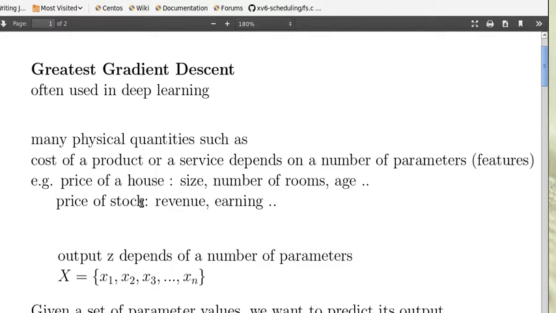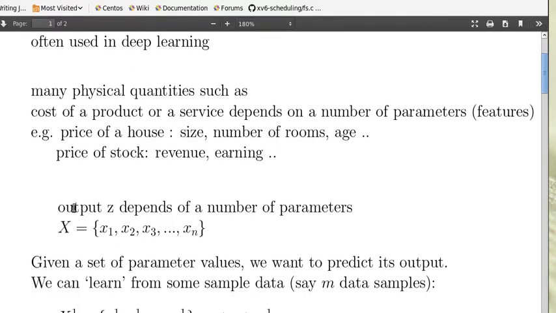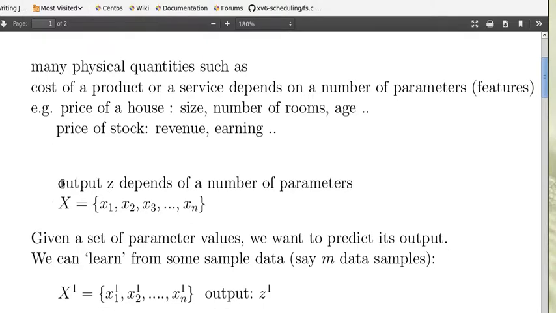For example, the price of a house depends on the size of it, the number of rooms, and how old the house is, etc. Or another example, the price of a stock depends on the revenue of the company and the earnings of the company and some other features. Okay. So we'll model a problem using these features.